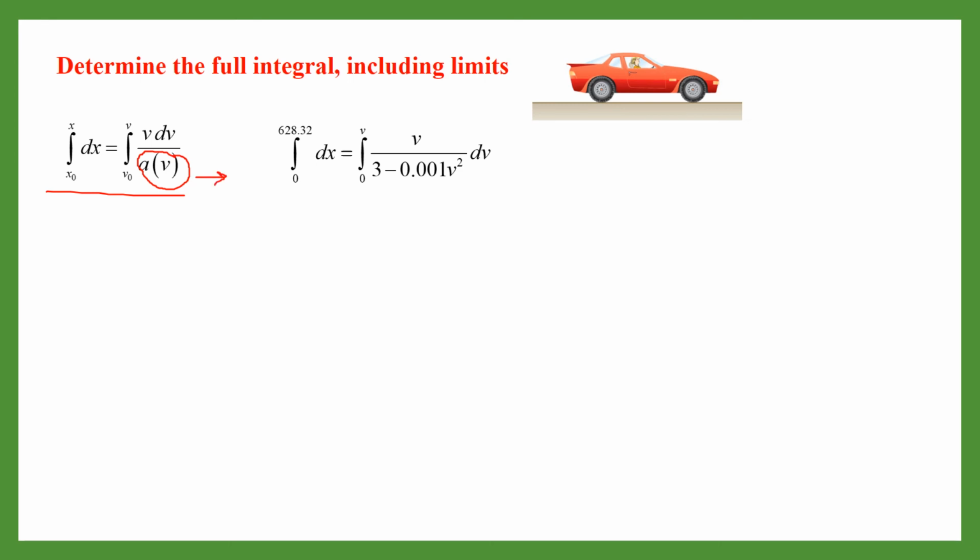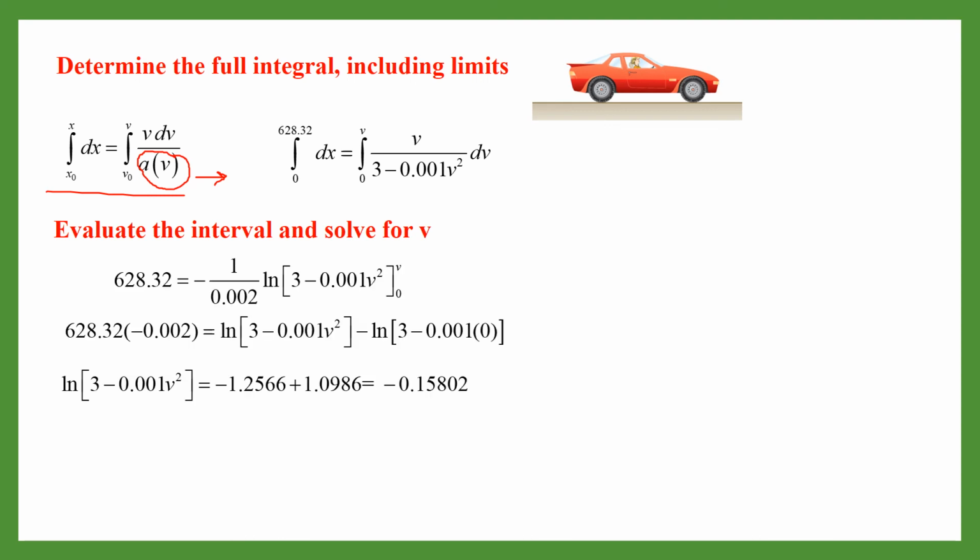So that is 3 minus 0.001 v square. The next step is to evaluate the integral and solve for v. So we need to solve this integral and find the value of v.